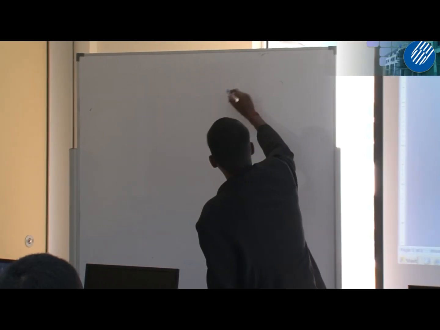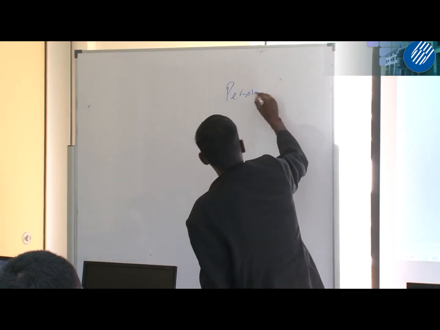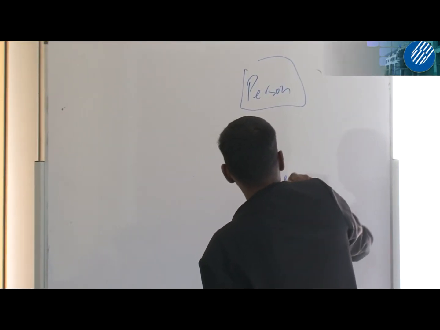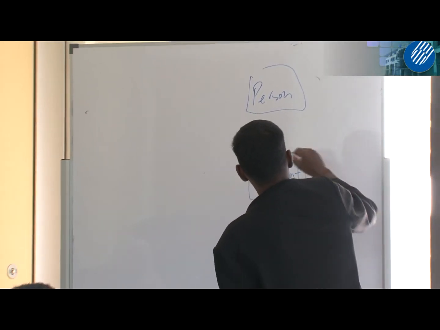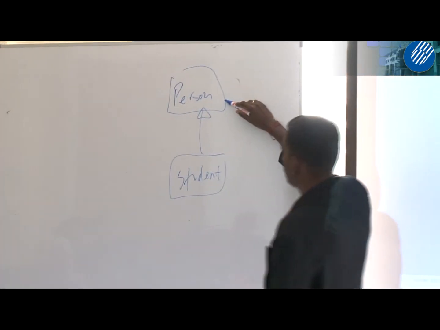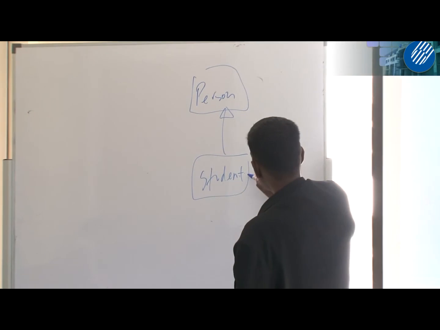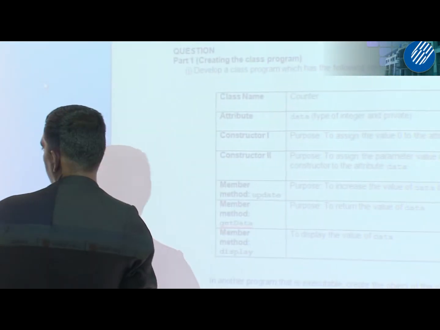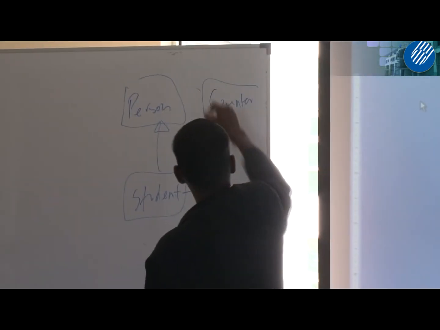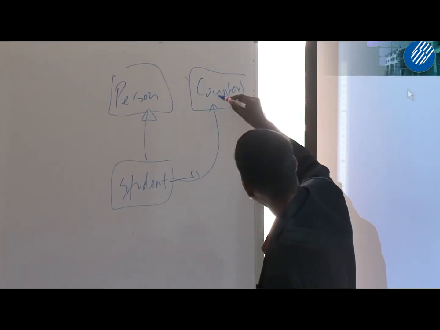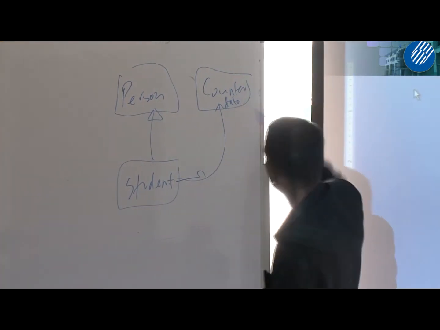Then you have a person, and then you have class student. Student is a subclass, person is the superclass. So can student call data from class counter? Now the subclass wants to call the data available in class counter.